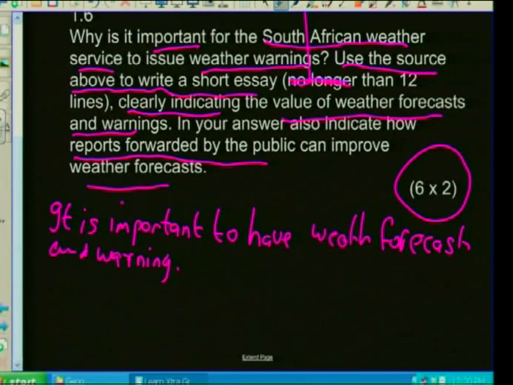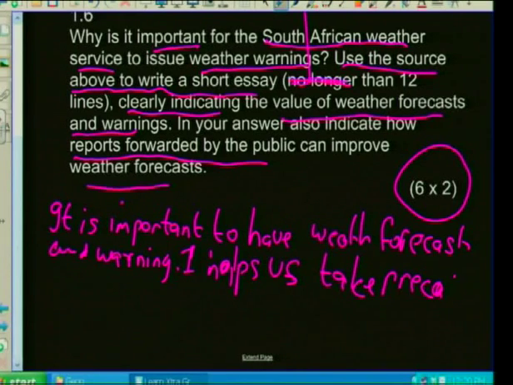I could state that it helps us take precautionary measures. Unfortunately I want to cover a few more, so I would run out of time. Full stop.